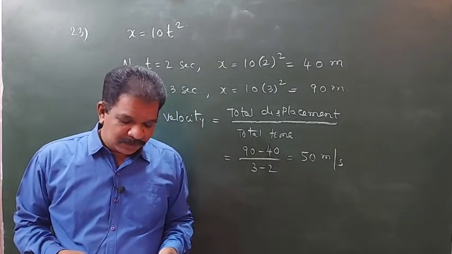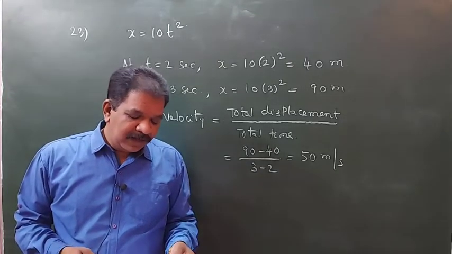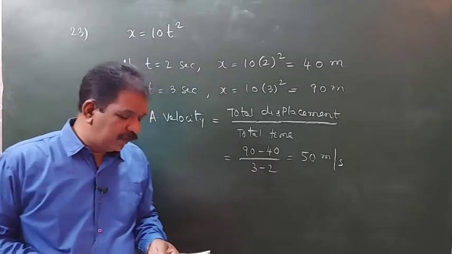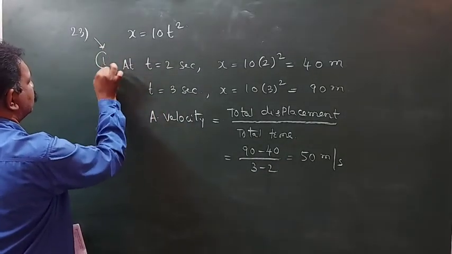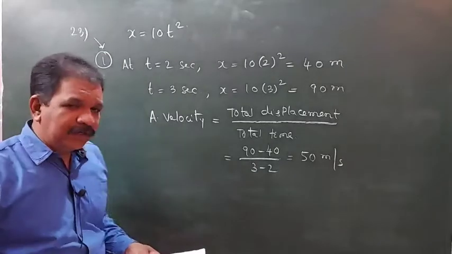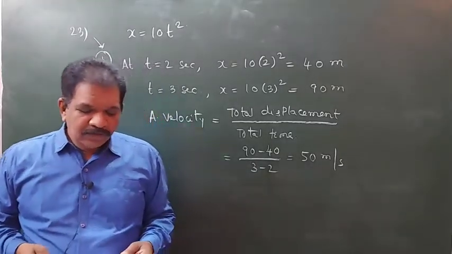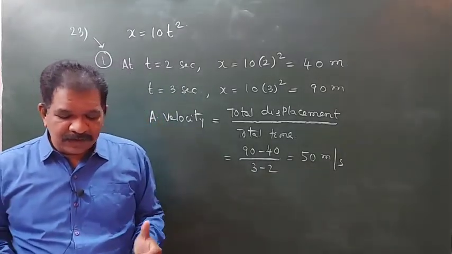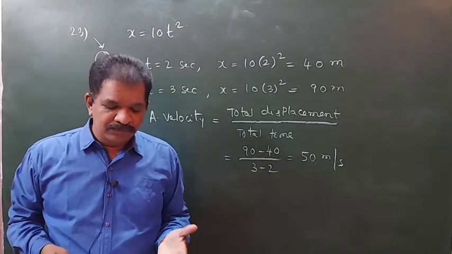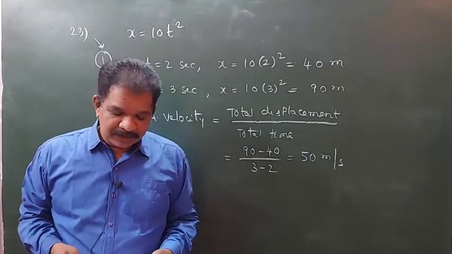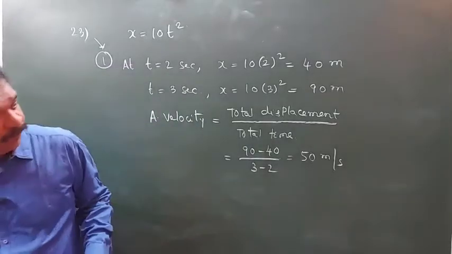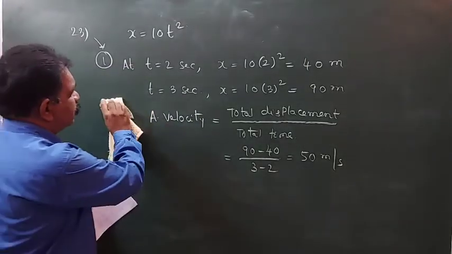See the next problem. Find the average velocity. So 23, it will be first option. Next, 24. Find the average velocity for the time interval from 2 to 2.1 second. That they are asking. See, same 2 seconds.